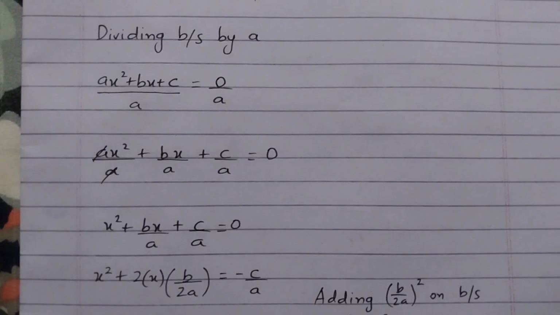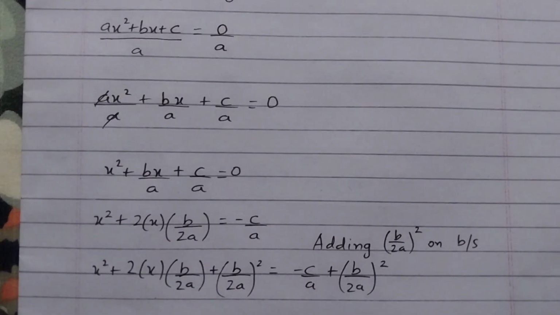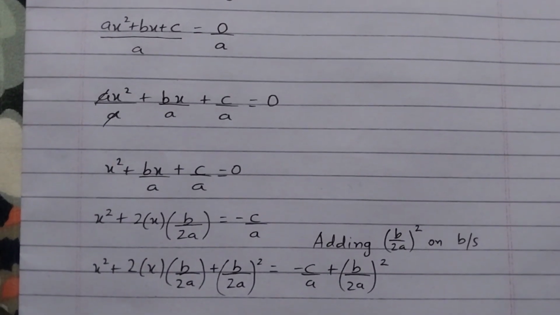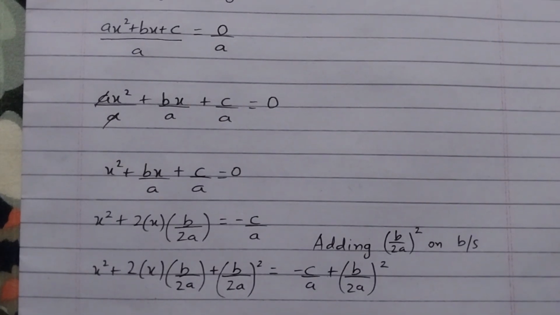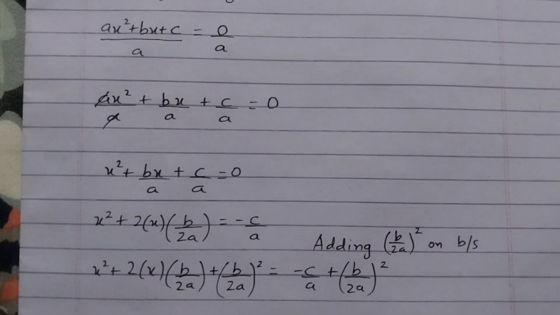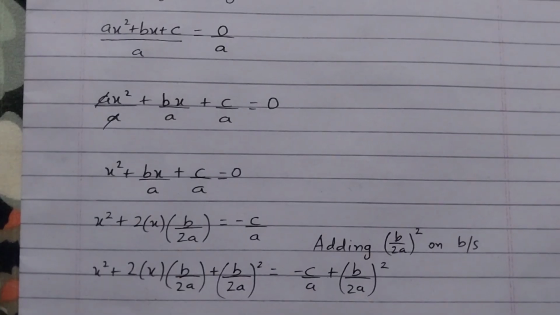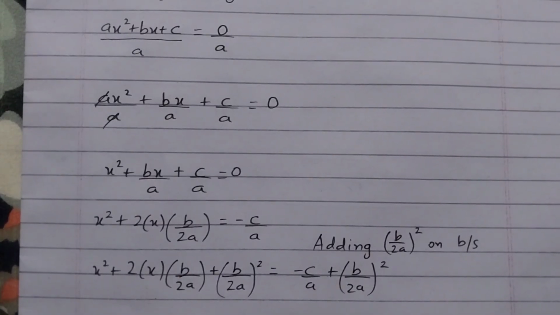So x² + bx/a + c/a = 0. Now we have a first term which can be written in square form. The second term in the formula is basically 2ab, and in this particular case, all the signs were plus, and the x term had a plus sign.